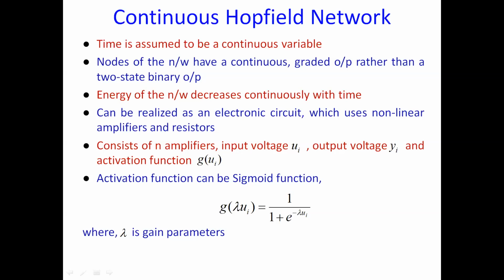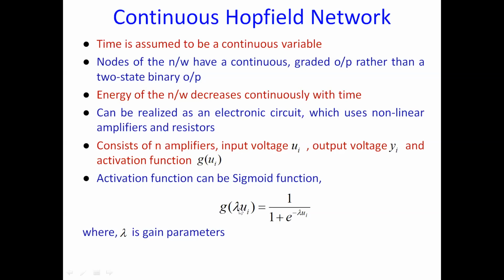And since this is a neural network, we cannot forget the activation function. If the activation function is a function of the input voltage Ui, it can be a sigmoid function, where G of Ui can be represented as G of sigma Ui.